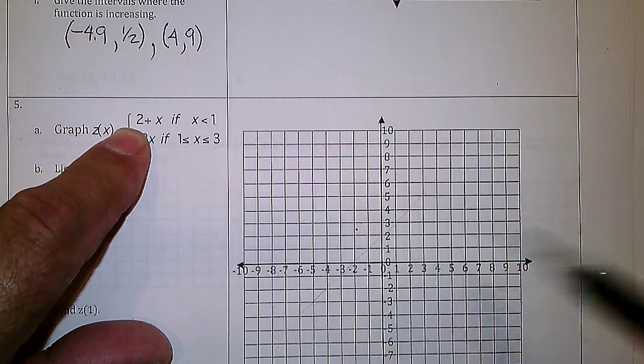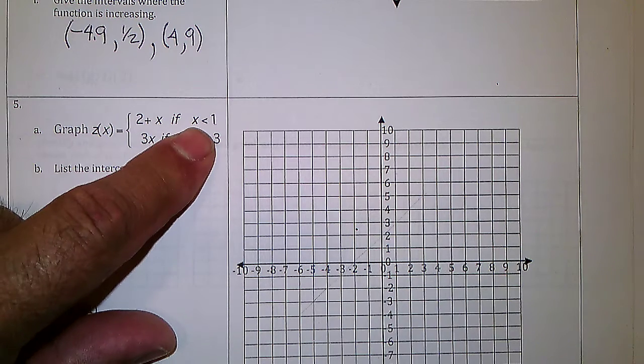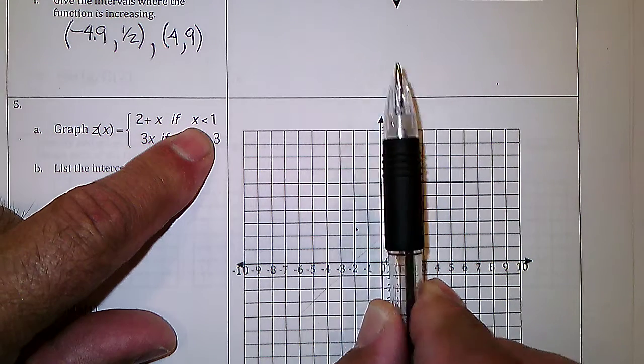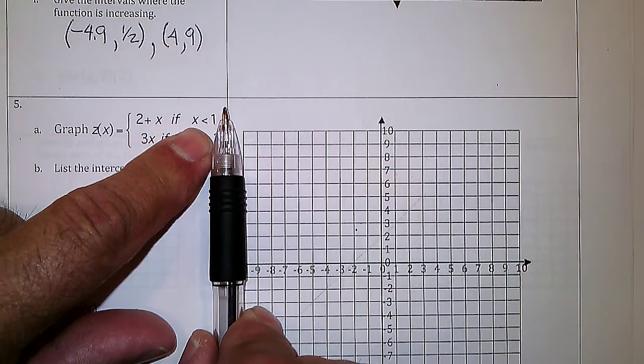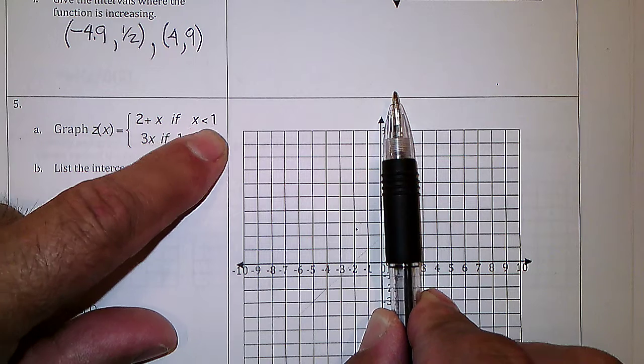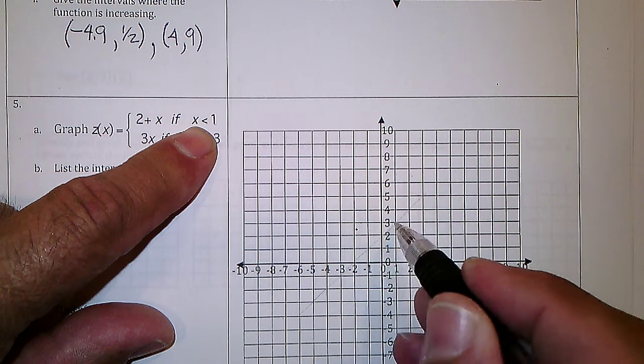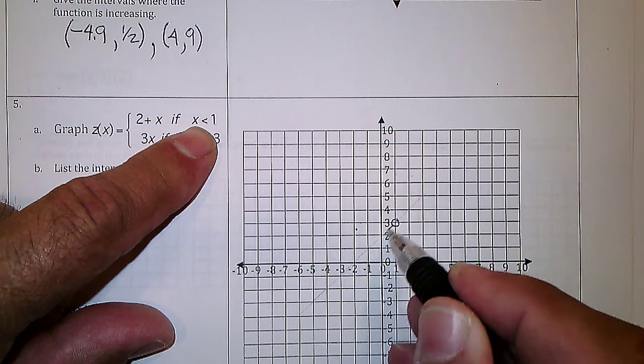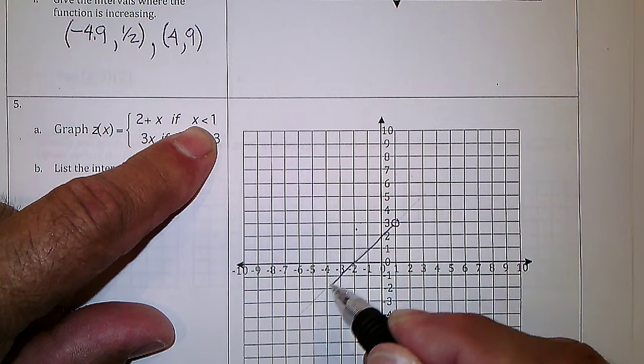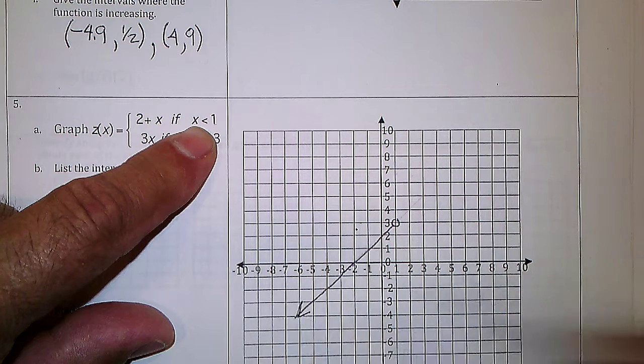But I do it for x's 1 or less. Actually, not 1, because it's not equal, but less. So it would be an open circle and less. Going on forever.